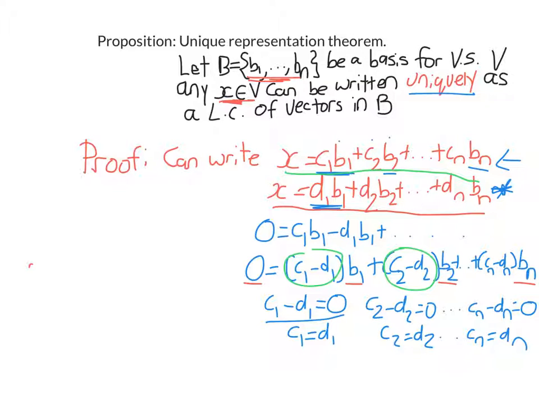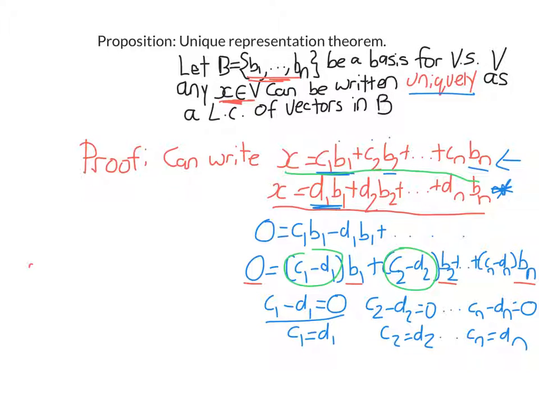So we knew that we could write X as a linear combination of basis vectors, but we just didn't know before this proof that we could do it uniquely. Another fact that I think is really cool, but I won't prove here because the video is getting quite long: if the dimension of a vector space is n, then any n linearly independent vectors from the vector space will form a basis.